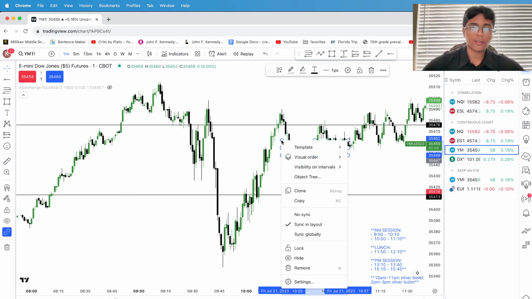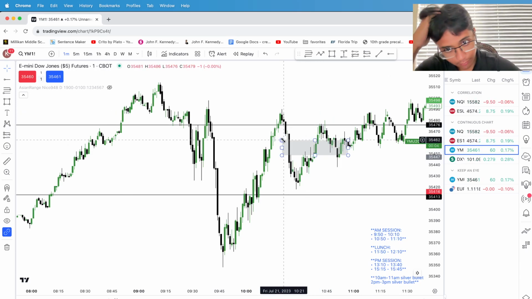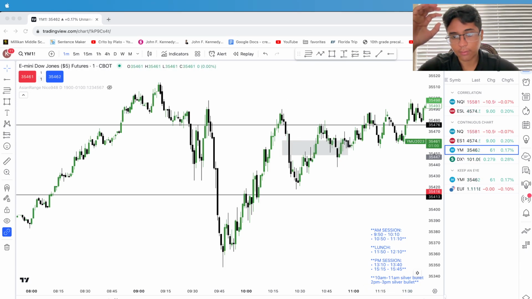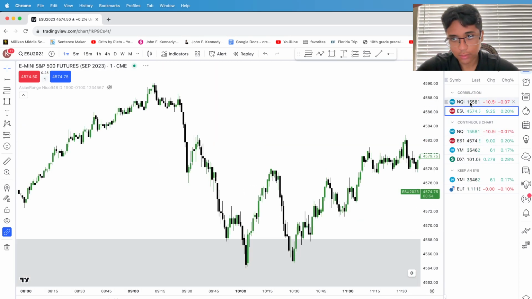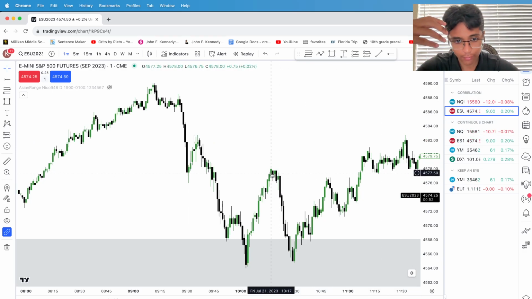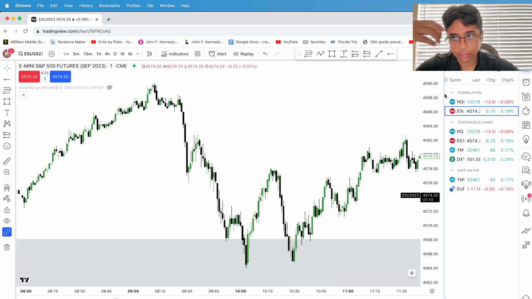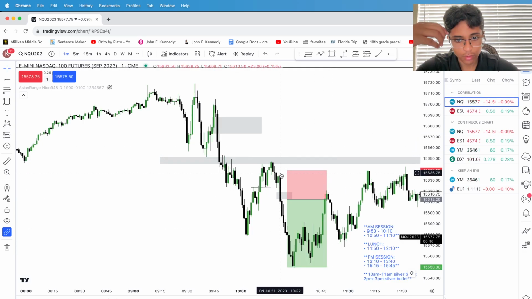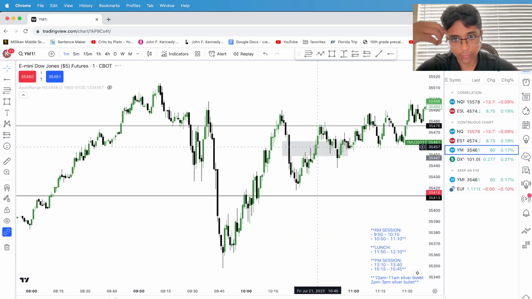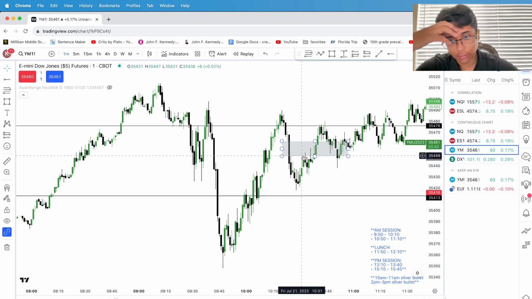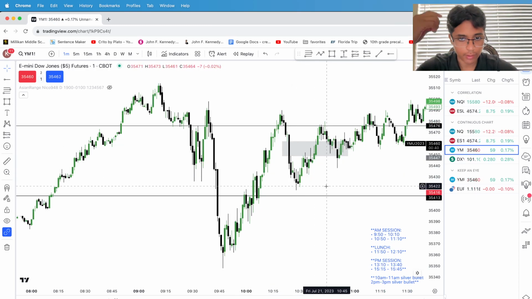Similar to yesterday's trades, I was looking at price, and NQ and both ES were dropping around that time. So if you take a look at this, NQ dropping, but for whatever reason, YM decided not to follow.